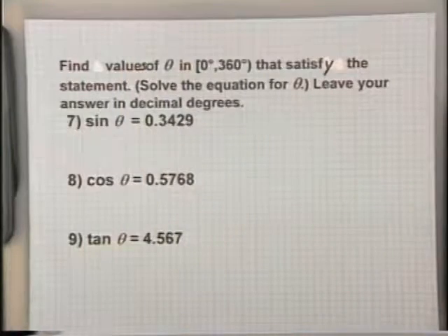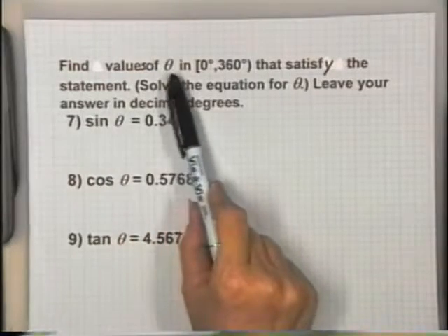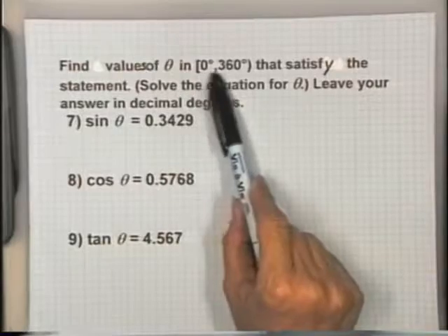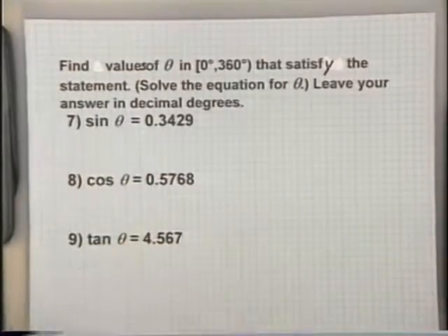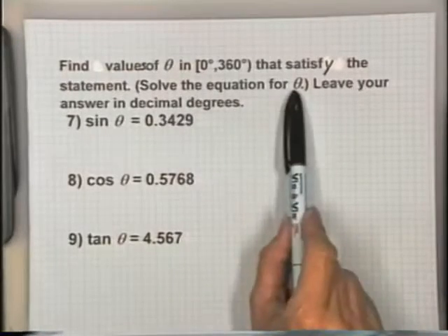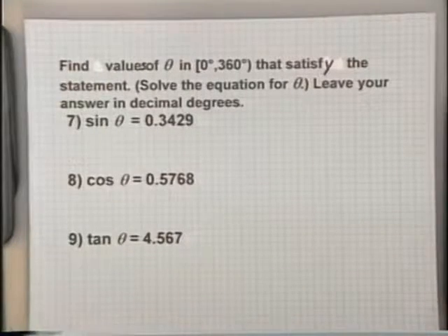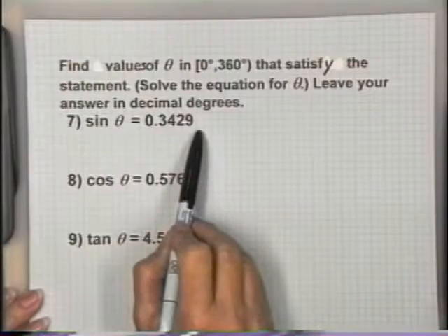Now we're going to use our calculators to solve trig equations. Now most books say things like find values of theta in 0 degrees to 360 degrees that satisfy the statement. I really like to say solve the equation for theta because look at it, it is an equation.